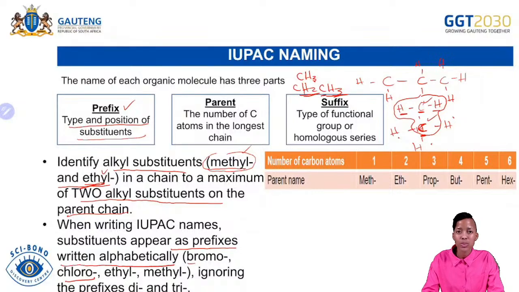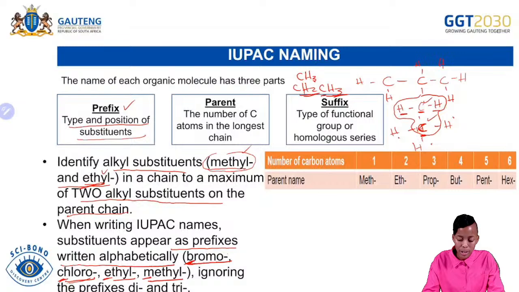So if it is going to be in alphabetical order, we have bromo, chloro, ethyl, and methyl. So which one will come first if we are going to consider alphabetical order? The B is before the C, and the E is after the C, the M is after the E.